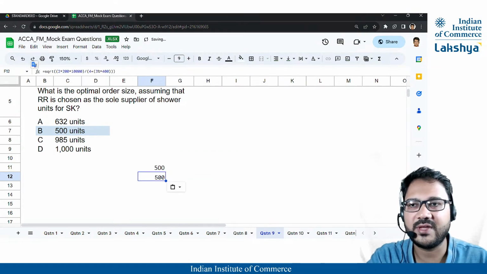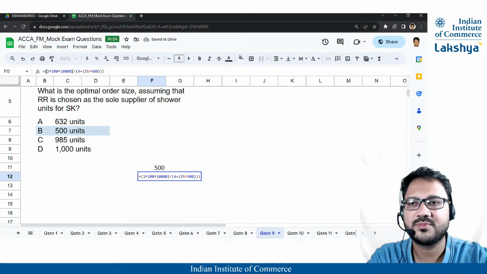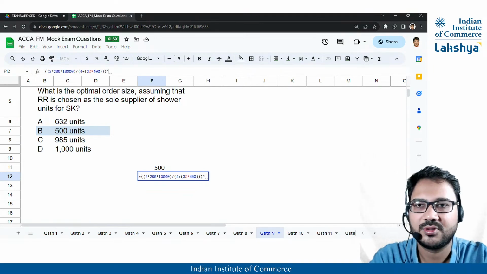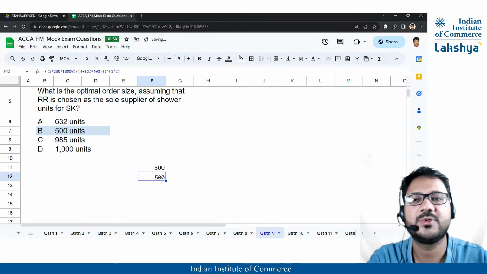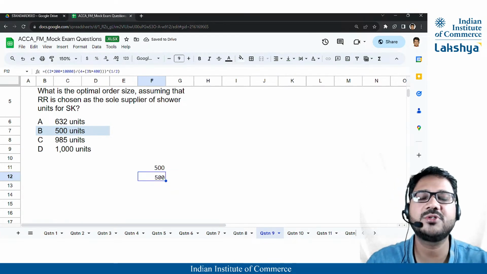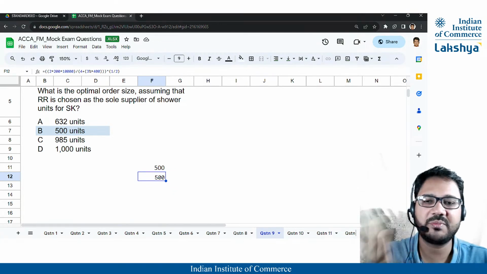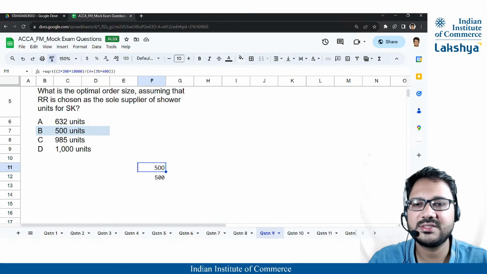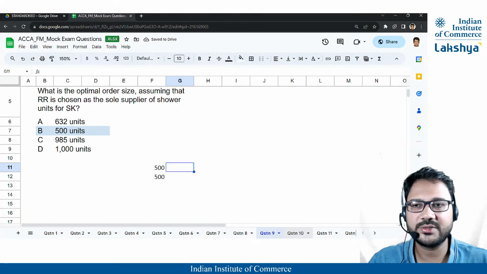The alternative way, if you do not want to use the square root function, is to just raise to the power 1 by 2, and you will get the same answer. Square root is nothing but raised to 1 by 2. Whichever method you use, you will get the same answer. Right, moving on.